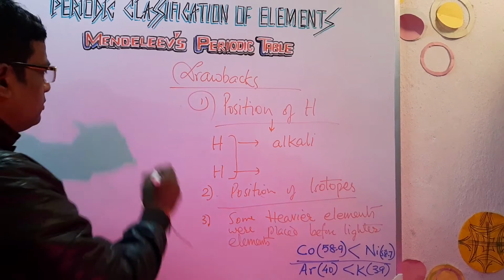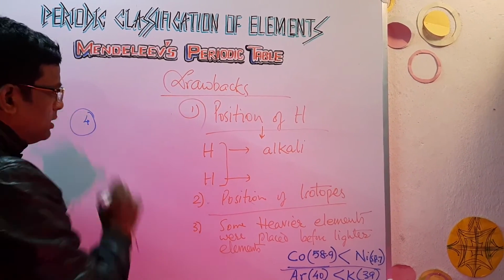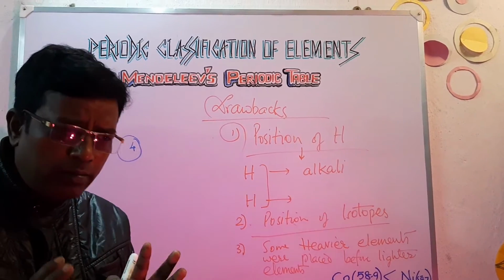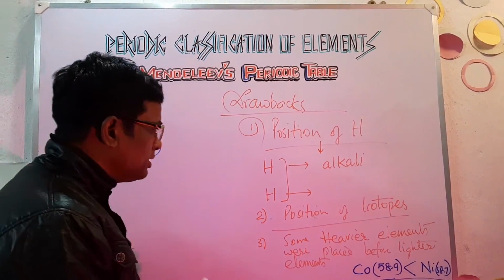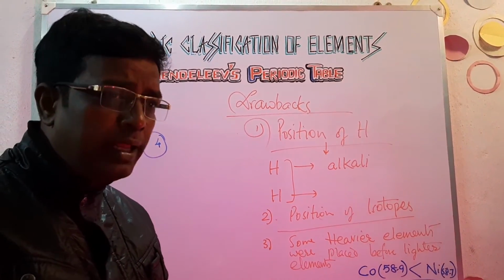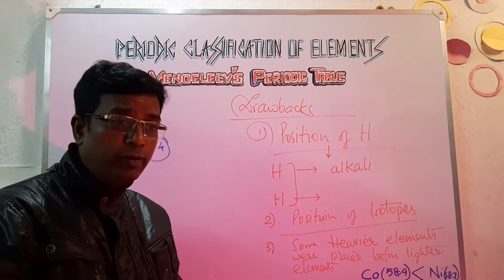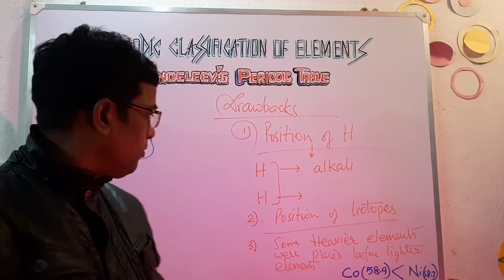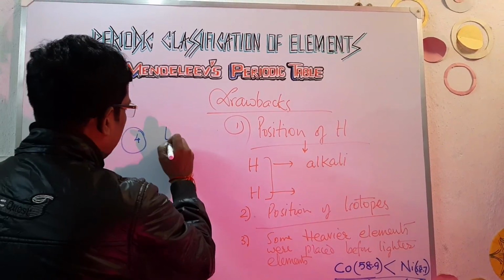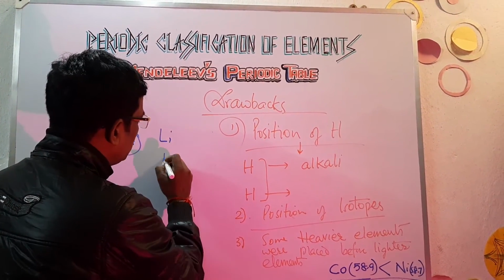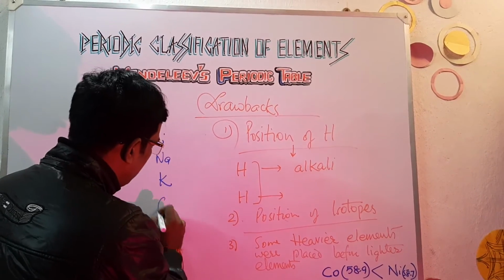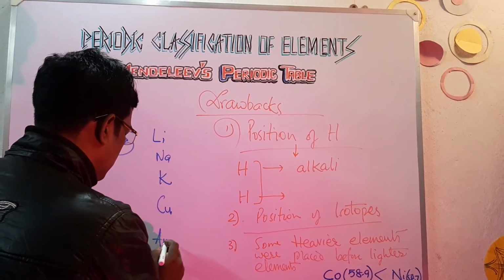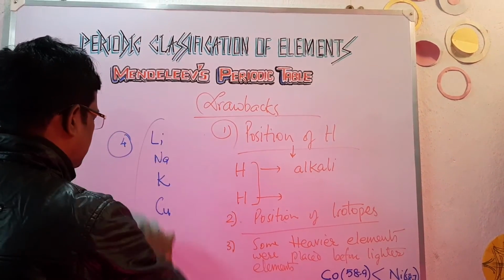Another drawback is that some dissimilar elements, elements with substantial differences in properties, were placed in the same group. We know in a group the similar elements are placed, but for example, along with lithium, sodium and potassium, copper, silver and even gold found a place here.